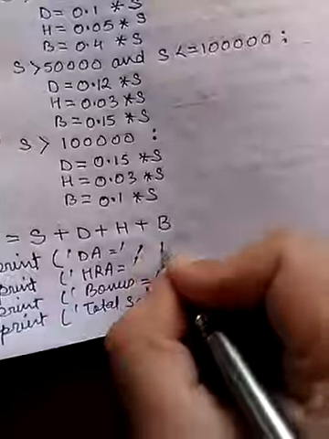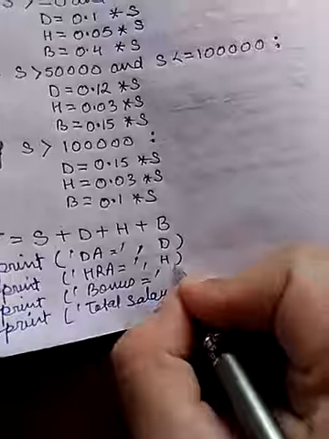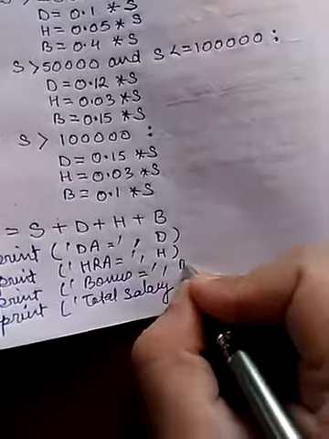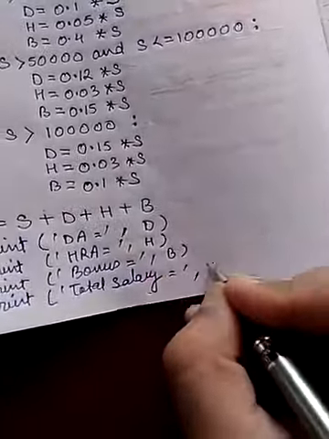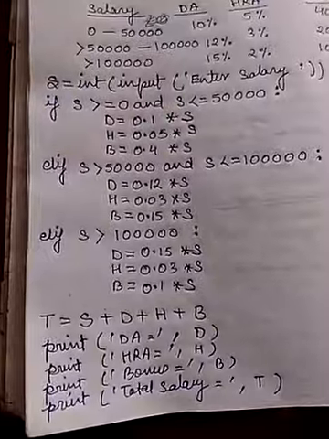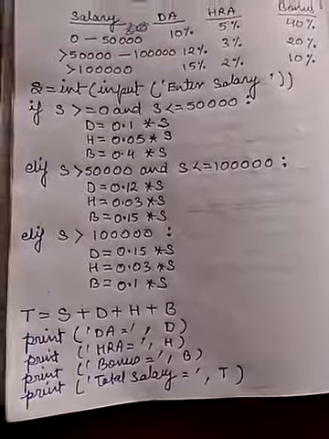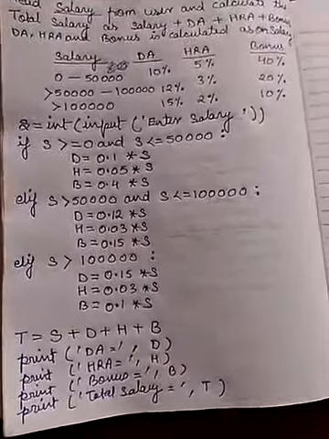DA is D, HRA is H, bonus is B, and total salary is T. So in this way you can calculate each of the following items according to the problem.